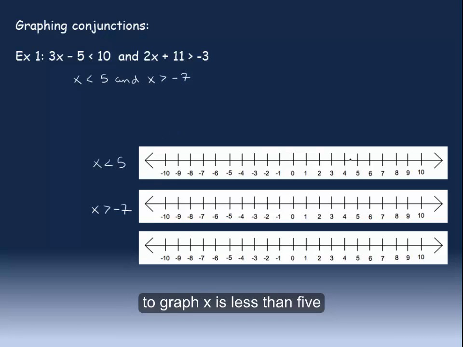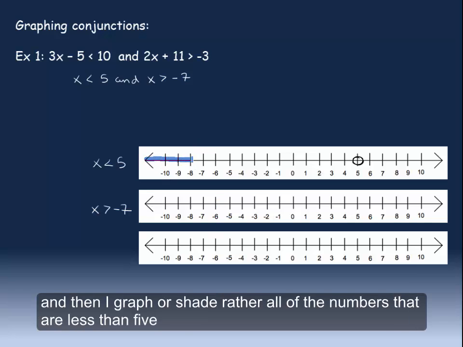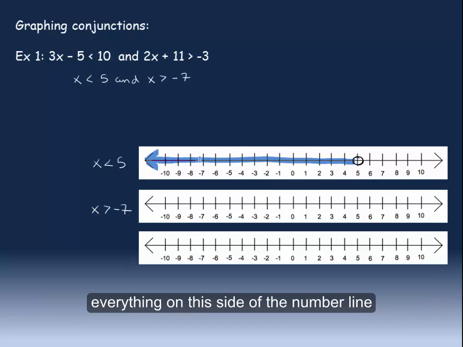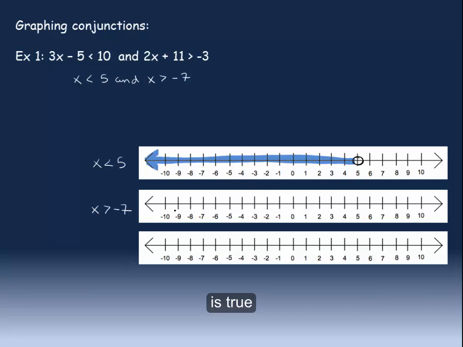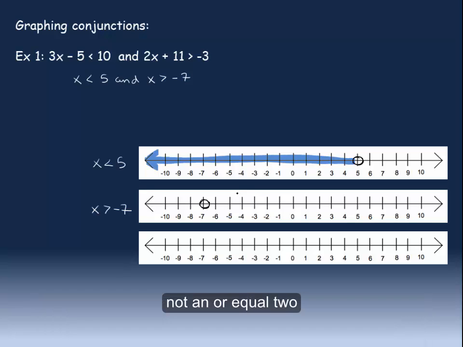To graph x is less than 5, I put the open circle on the 5 because we're less than. And then I shade all of the numbers that are less than 5. Everything on this side of the number line is true. Now if I want to graph the solution x is greater than -7, I put an open circle on -7, again because I only have a greater than, not an "or equal to."